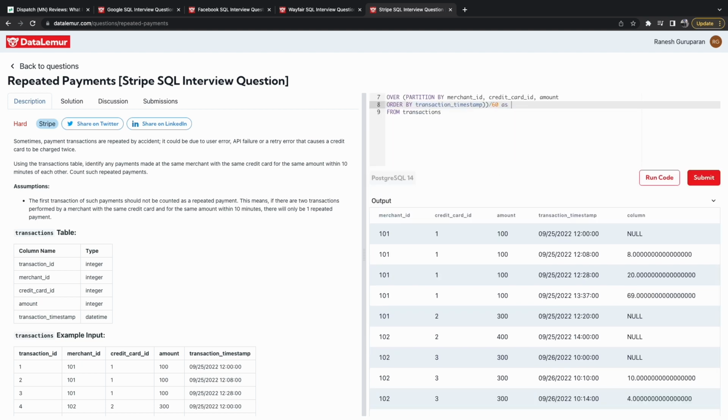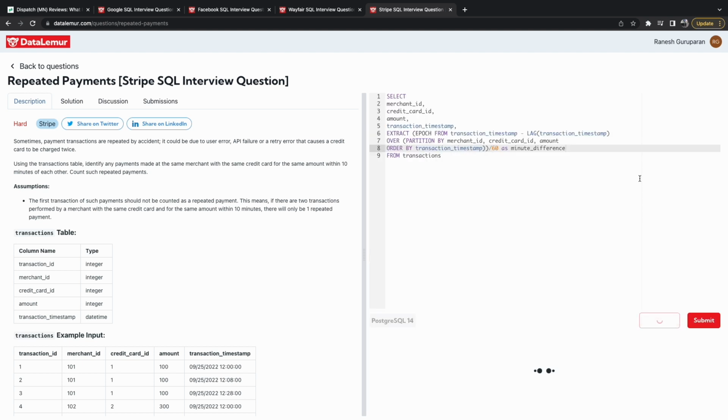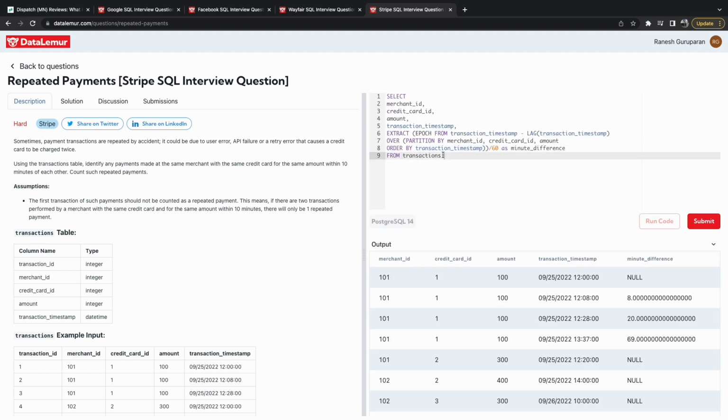So now we need to do a filter and make sure that's within 10 minutes. I'm just going to rename this column minute difference. I think what I'm going to do is utilize a CTE here.